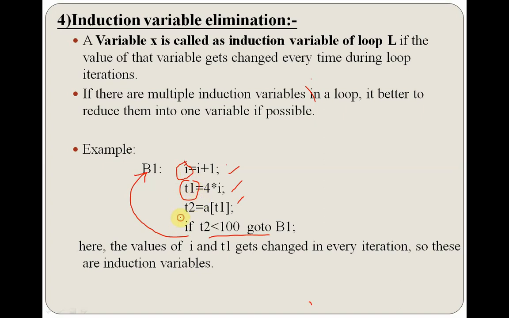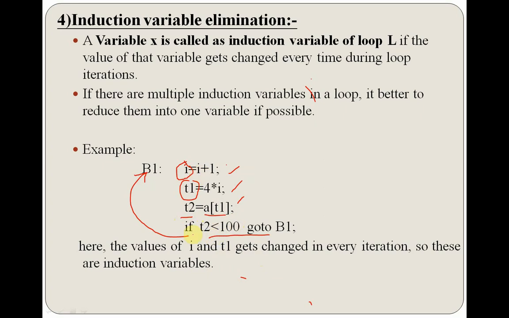What about t2? t2 is not an induction variable because the t2 value depends on the array values of a. Suppose the array contains the same value, say 10 10 10. In that case, whichever element we refer to, it will give the same value. It is not going to be changed every time.